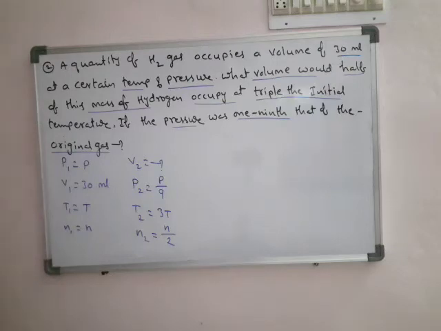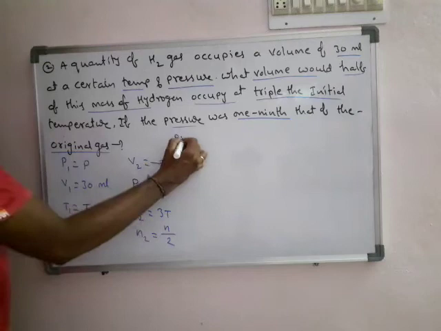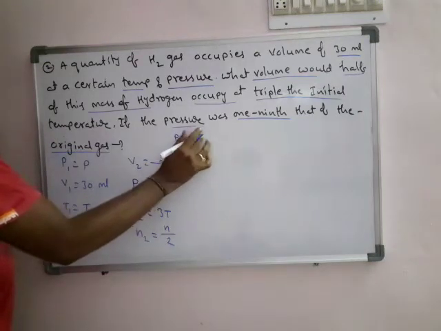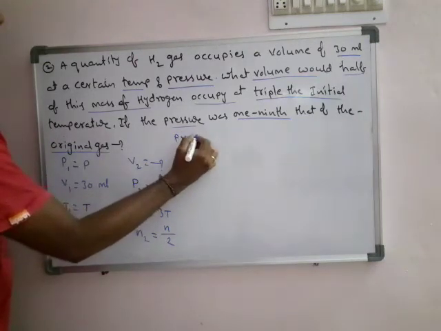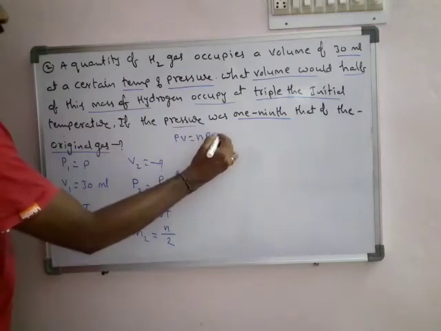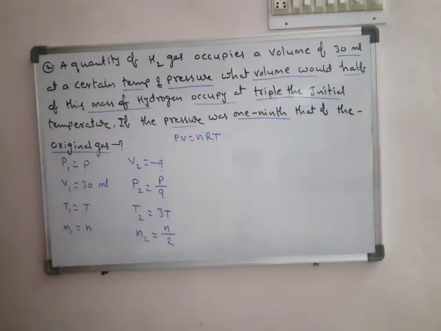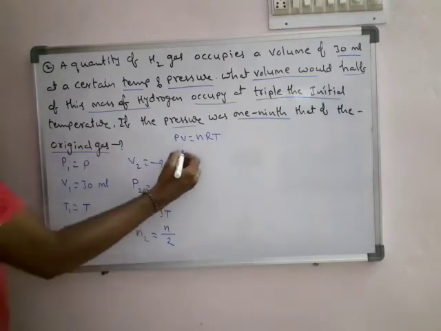Okay, so we know the ideal gas equation. PV is equal to nRT. Here we know R, so we can write R is equal to PV by nT.